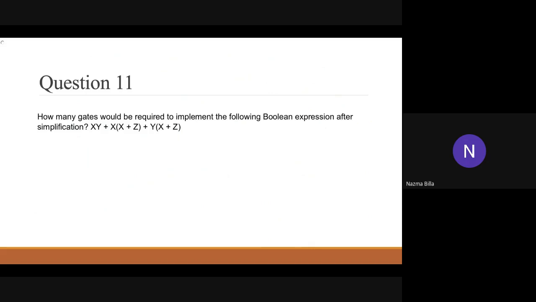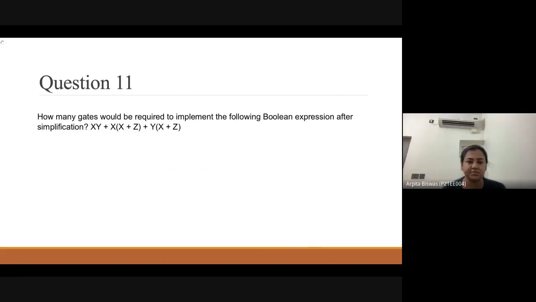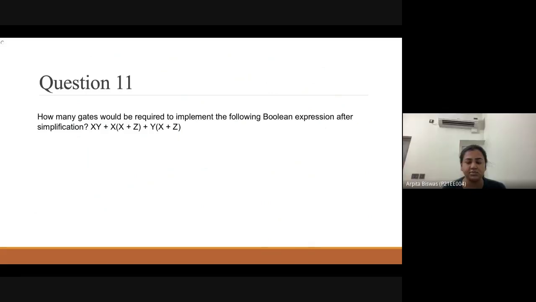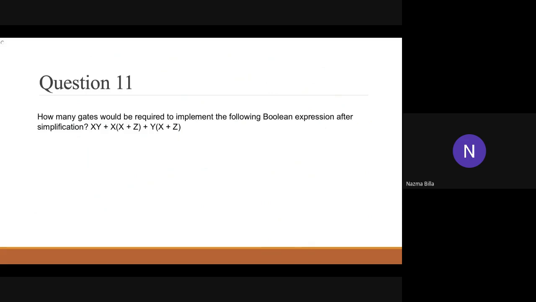Two gates, ma'am. Can you explain a little bit? If we explain, we will have xy plus xz plus xy plus yz. Here xy we can write as xy, plus if we take x common, 1 plus z is 1.